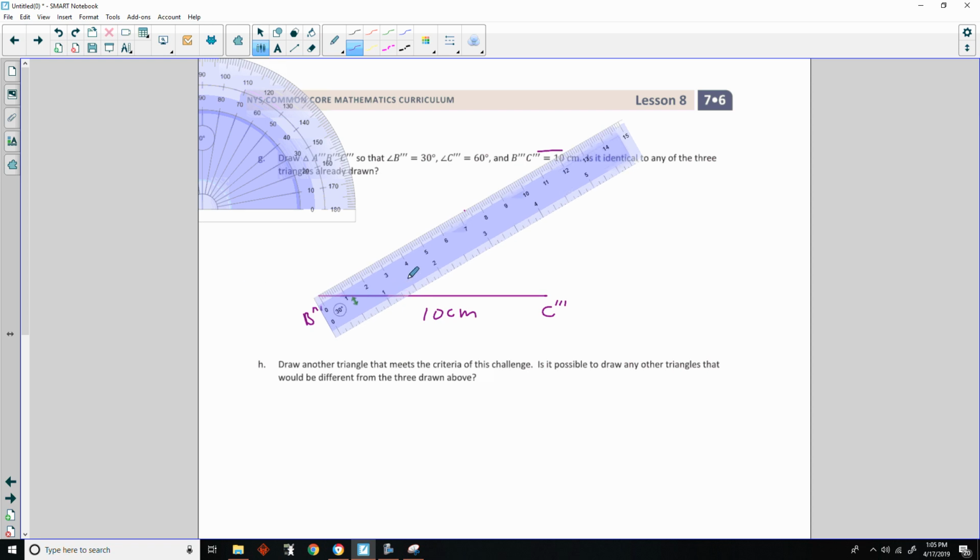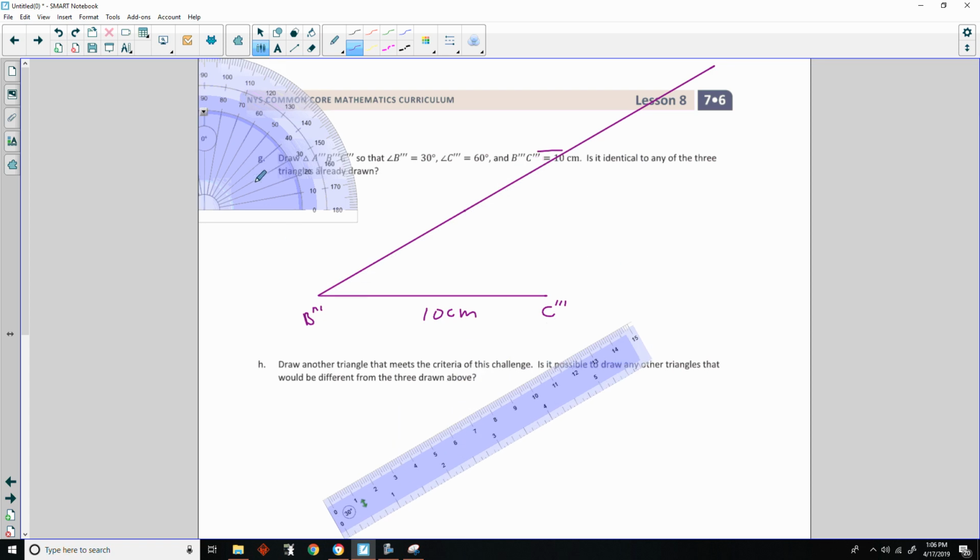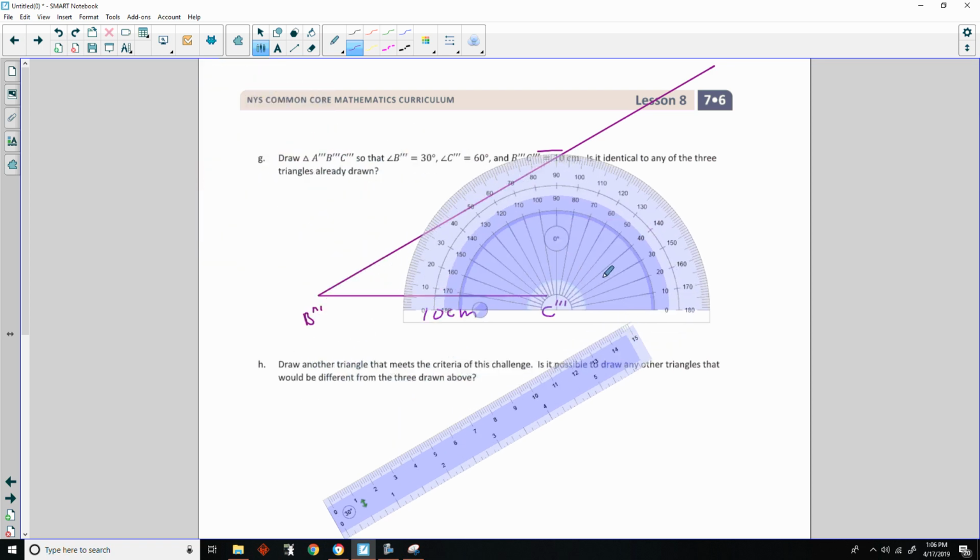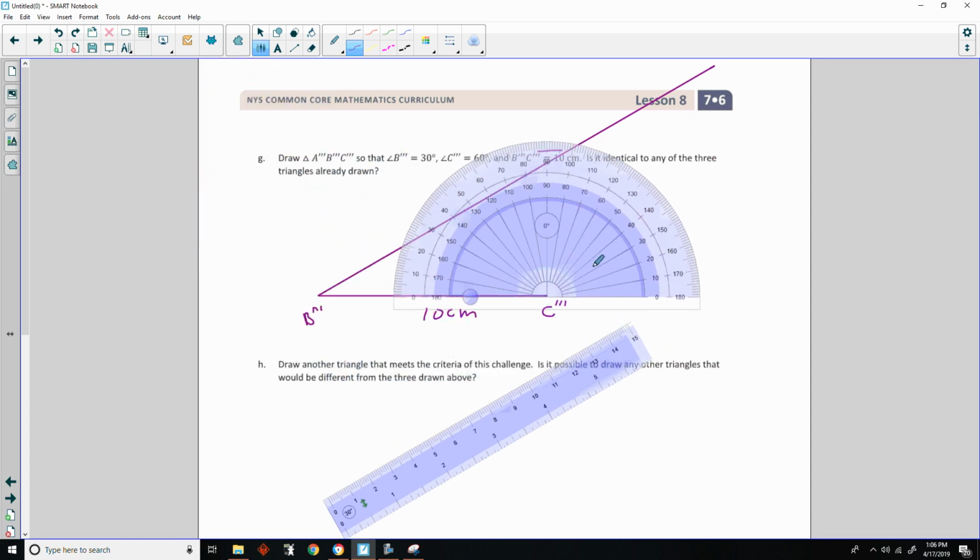Okay. Beautiful, right there. So I'm going to draw this up like so. I don't know how long to make it, so I'm just going to keep going. And then I put my protractor on C because that's the 60-degree angle. Protractor's right on C. 60 degrees is right up here, so I'm going to put a dot there.